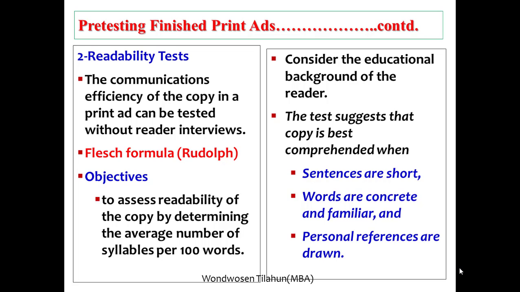So if the sentences are short, and at the same time the words are concrete and familiar to the reader, the readability score becomes very high. Or the message that we disseminate through the print media is effective and well comprehended, so that the customers can remember or recall the advertisements.